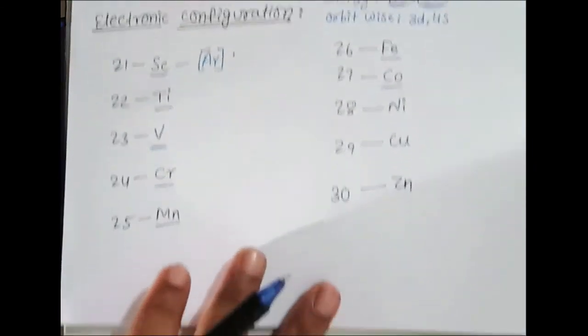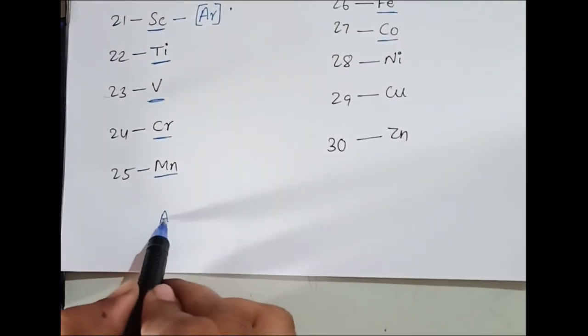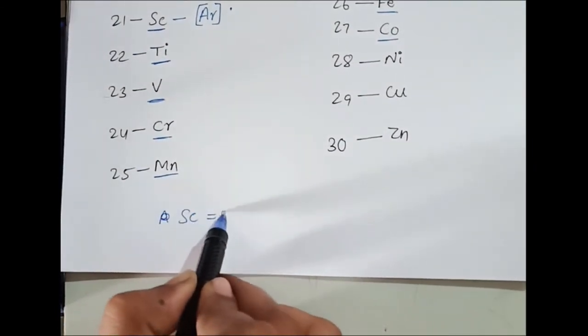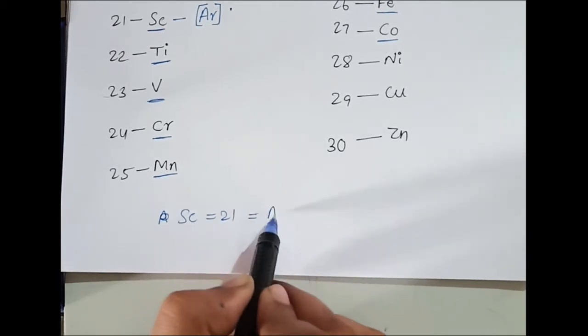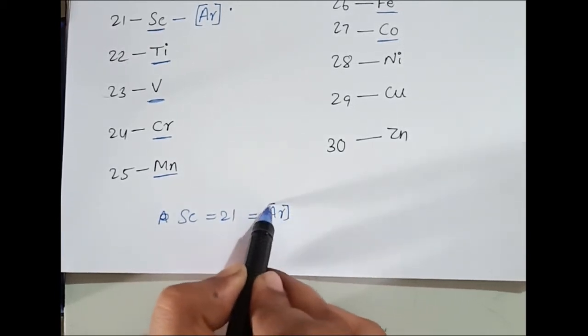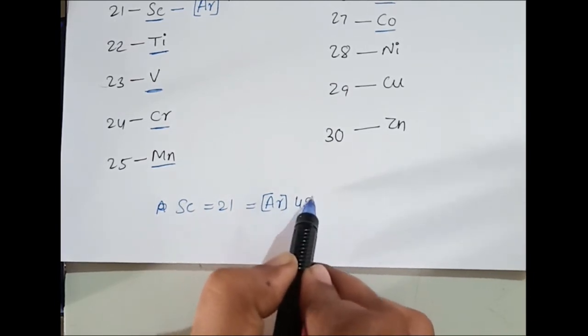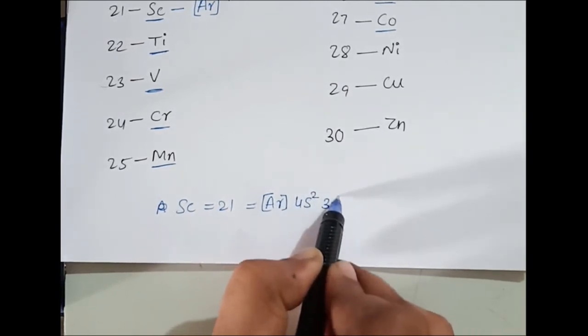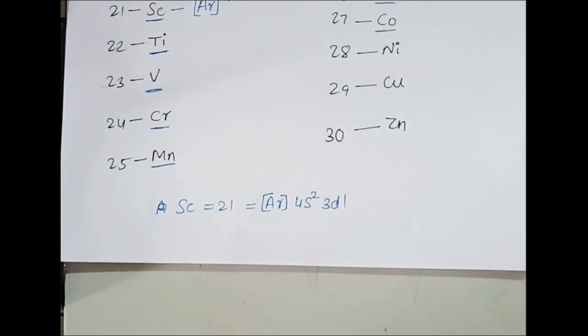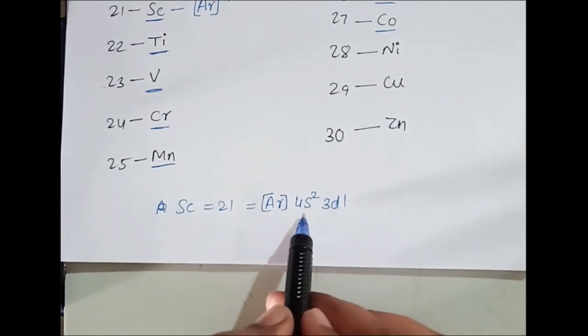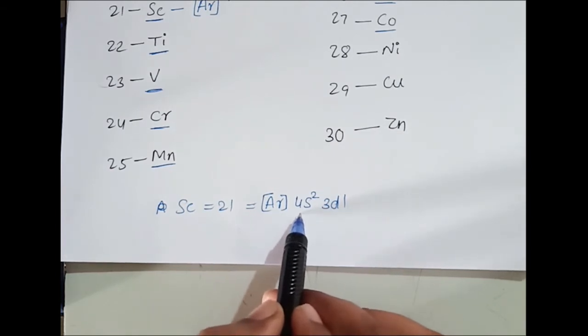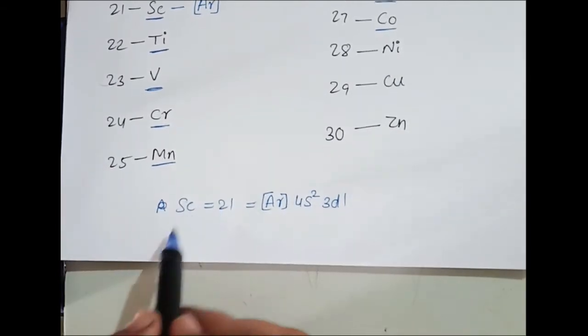I'll give you one example. Suppose scandium. Scandium number is 21. So what can we write for the electronic configuration? Argon, number 18, after that 4s2 3d1. But we have to write orbit wise, which means we will write 3d before and 4s afterwards.